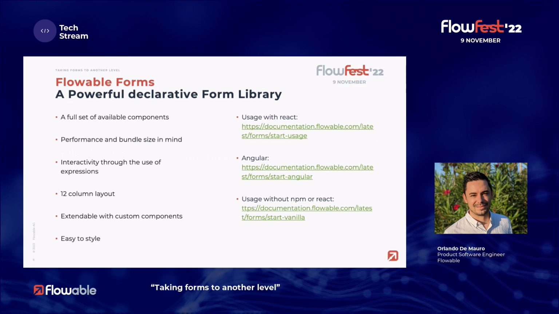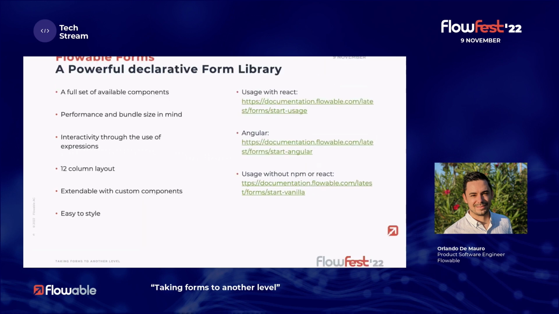It is easily configurable using a 12-column layout configuration object. And as said, as it is powered by React, it is easily customizable, and we can easily style the form library. And also, I added here the links to our documentation because it is easily embeddable in a React app, in an Angular app, or just in a simple vanilla JS application.